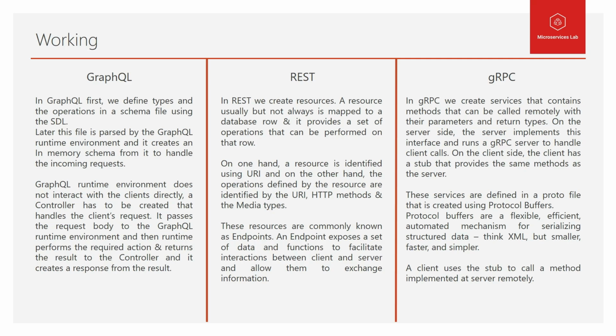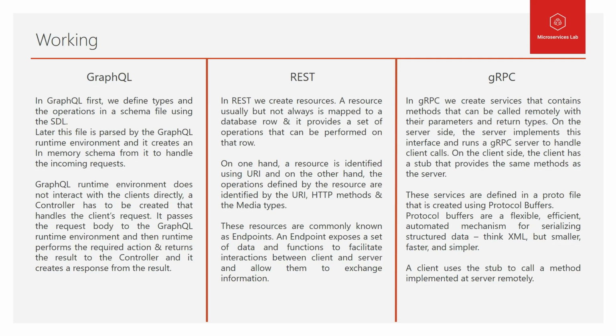So basically, the GraphQL runtime environment does not interact directly with the clients. There is a controlling layer, which is basically a controller that interacts with the client. A controller receives the request from a client and then passes the request body to the GraphQL runtime environment. The GraphQL runtime environment will fetch the operation from the request.